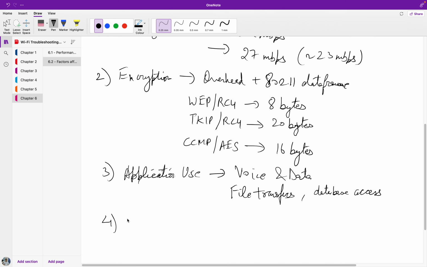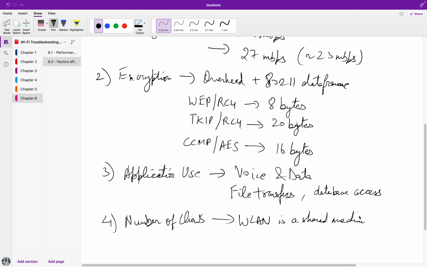And then of course the number of clients on an AP. We know that WLAN, or Wi-Fi, is a shared half duplex medium. So the throughput coming out of an access point is shared among all the clients connected on the access point.